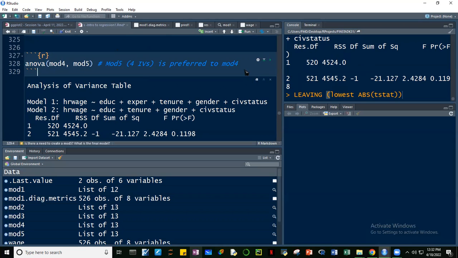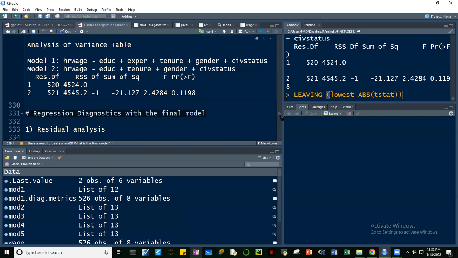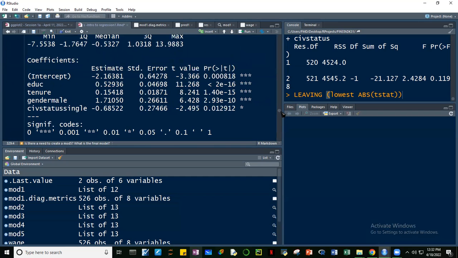So what's our conclusion, guys? P-value 0.11. Therefore, we fail to reject this null hypothesis. So statistically, guys, in terms of statistical significance, mas maganda si model number 5. Okay? Yung lahat significant ito.